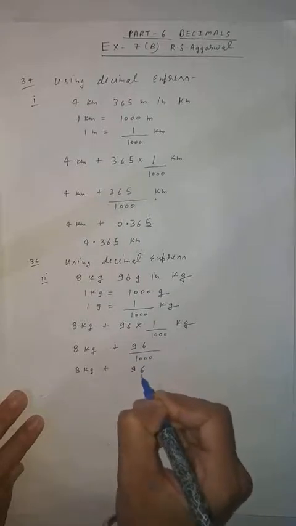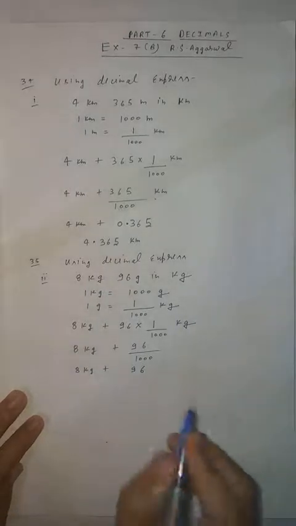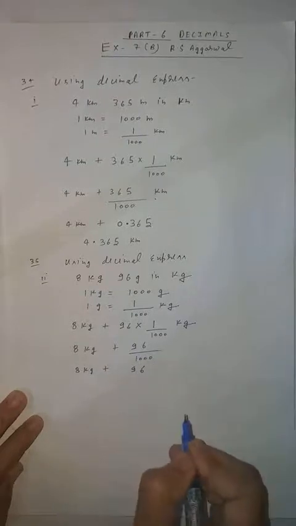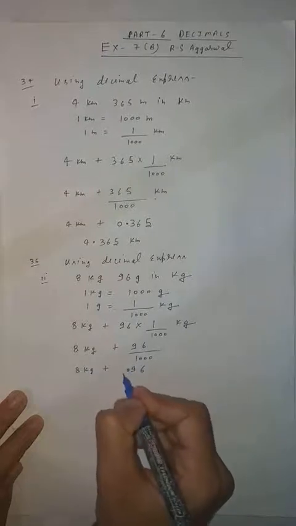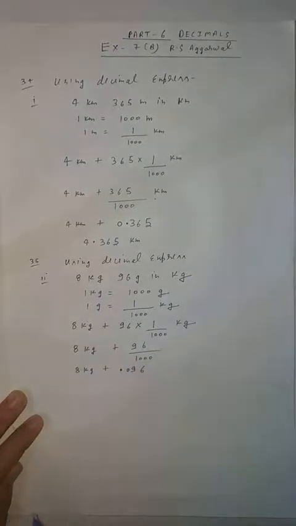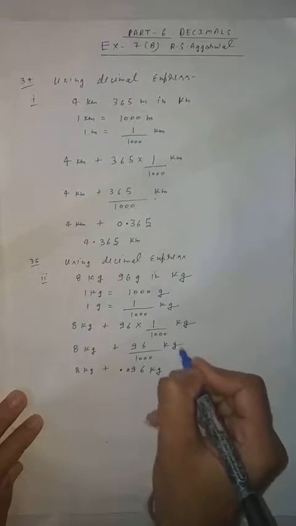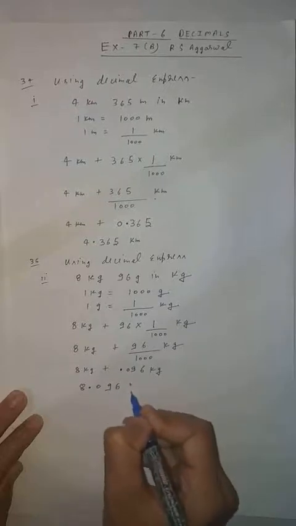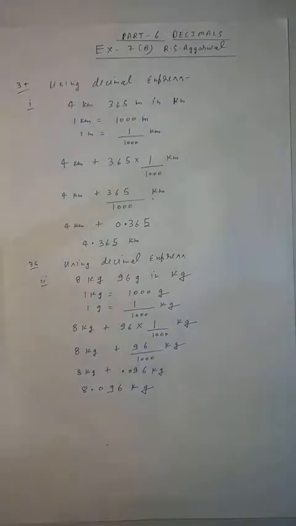After the decimal there should be 3 digits, but here only 2 digits are given. So you will add a 0 and put the decimal, and it will come 8.096 kilogram. Is that clear, student? By this you can solve this question.